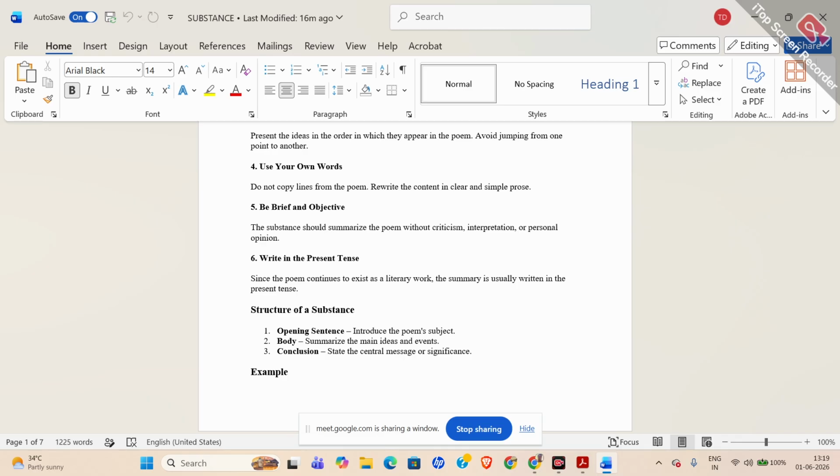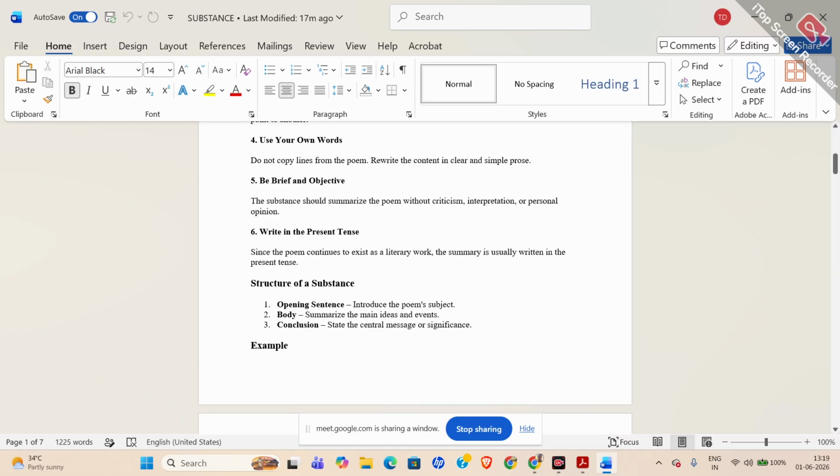You have to write in your own words, in a third person narrative form. That is, the poet says that, then you continue whatever he says. So copying is not allowed. Rewrite the content in clear and simple prose, সহজ ভাষায়, সহজ সরল, everyone can understand. You have to write.